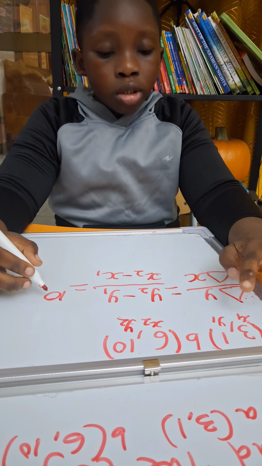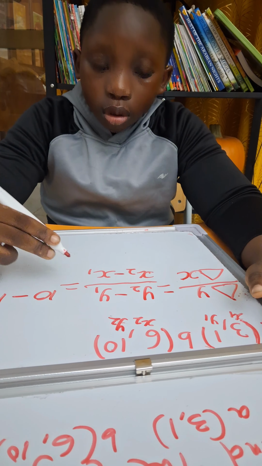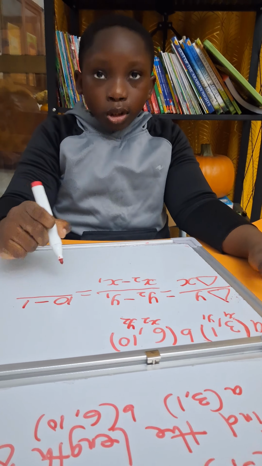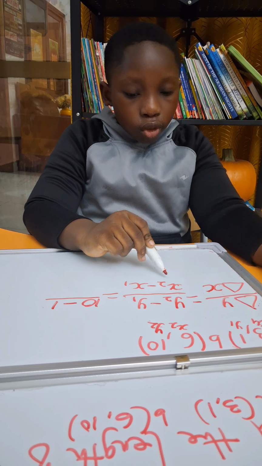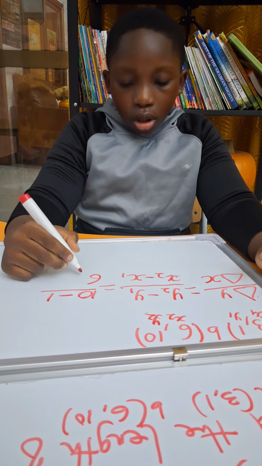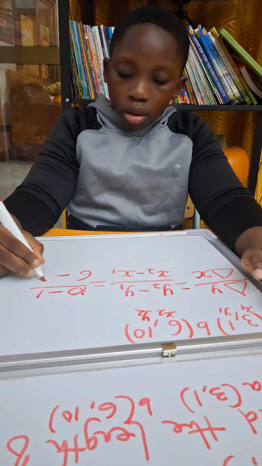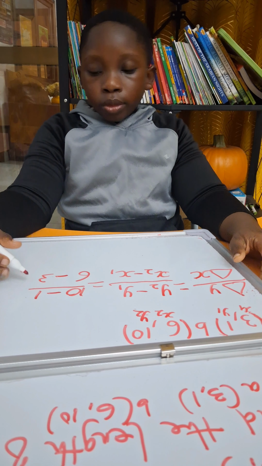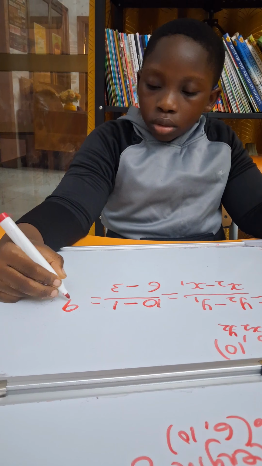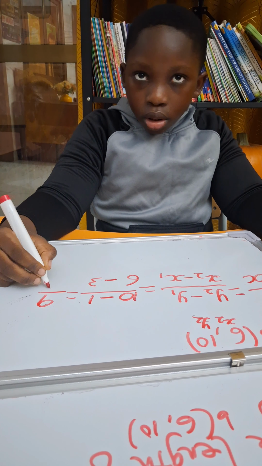And y1 is here, which is 1. Minus 1 over x2 minus x1. So x2 is here, which is 6. And then x1, which is 3. Now 10 minus 1 is 9. And 6 minus 3 is 3.